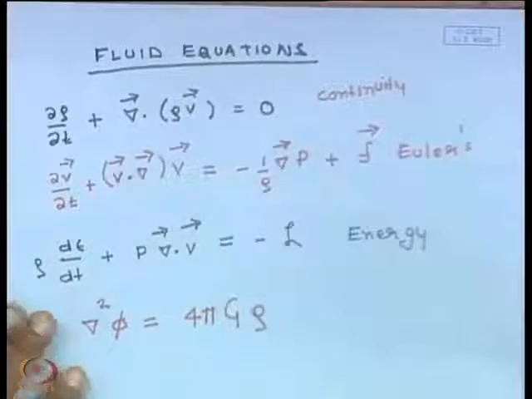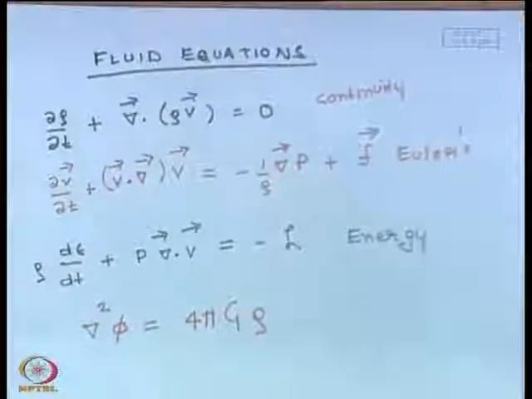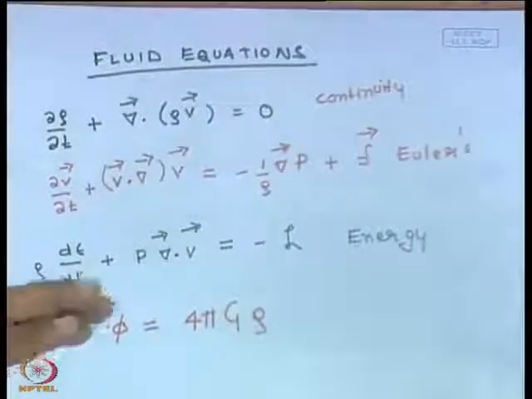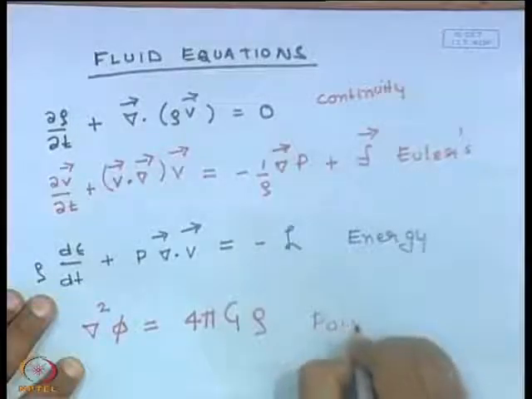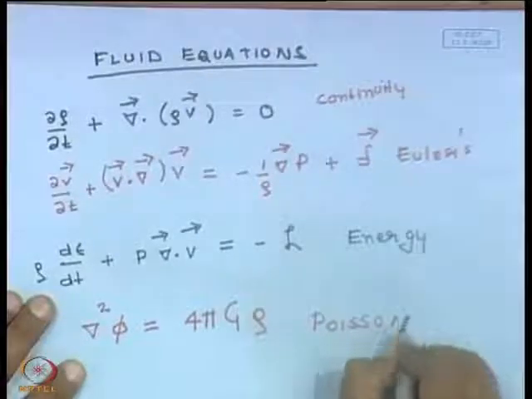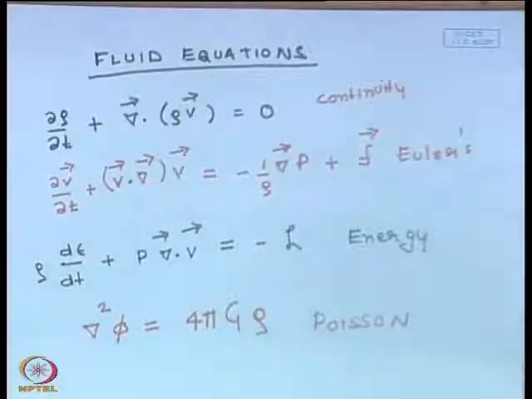This is for a self gravitating fluid. So, the fluid exerts a gravitational force on itself, different parts of the fluid exert gravitational forces on the other parts. Okay. This is called the Poisson equation. This is essentially Newton's law of gravity written in the form of a partial differential equation, nothing more than that.